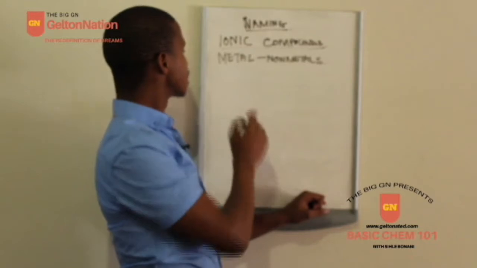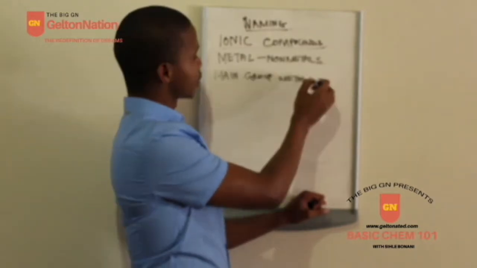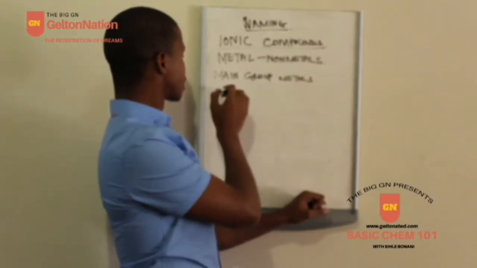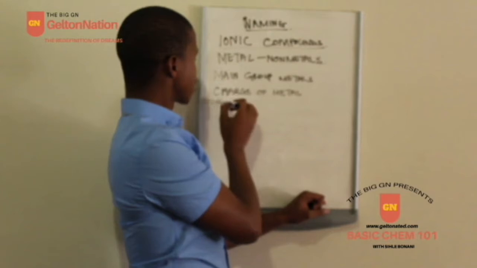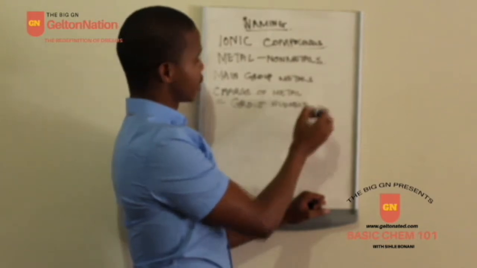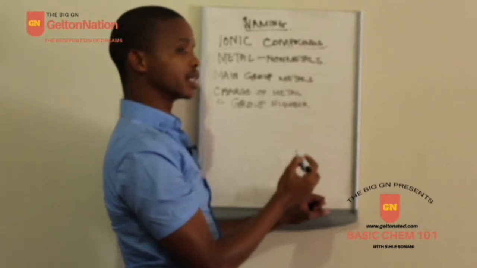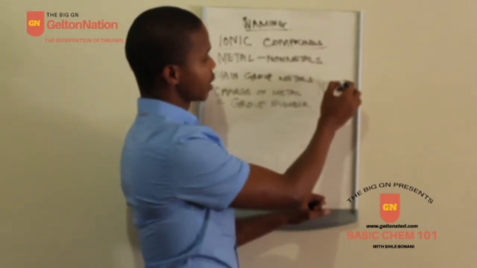If you focus on main group metals, usually the charge of your metal is the same as the group number. An example: sodium is in group 1, so sodium would usually be Na+.